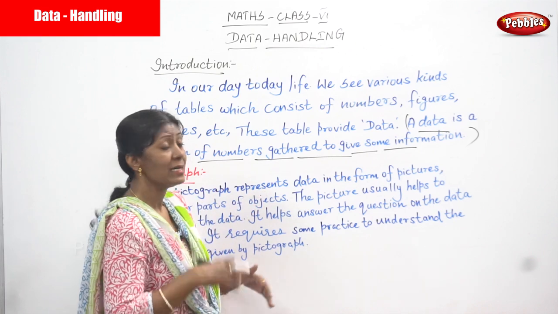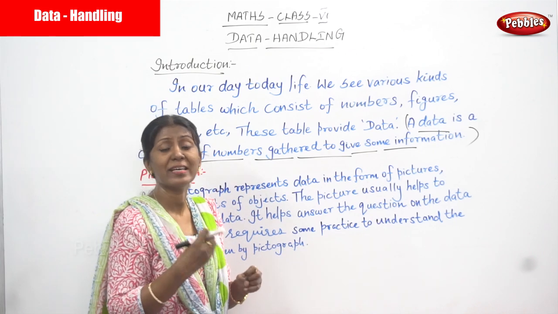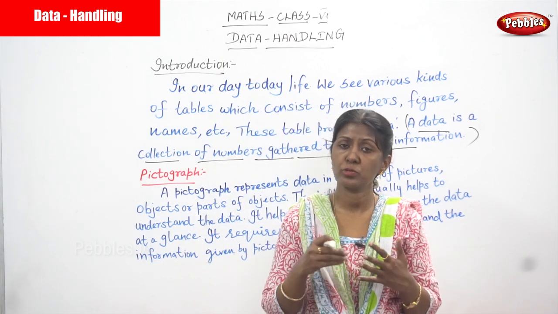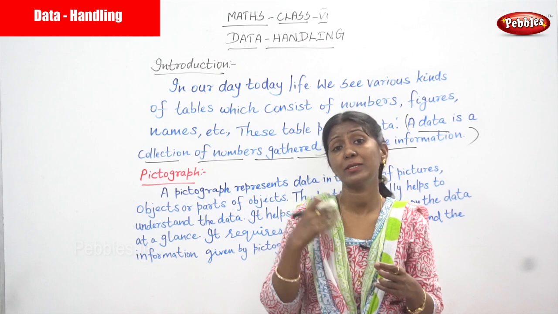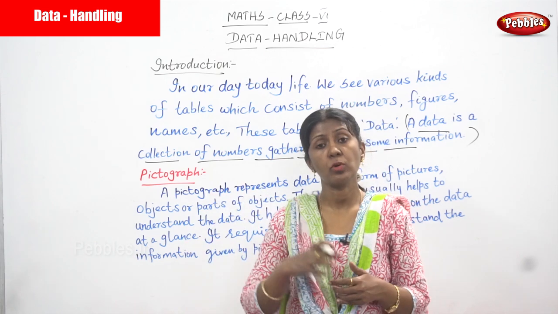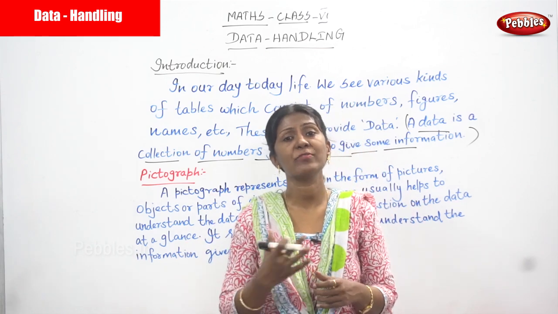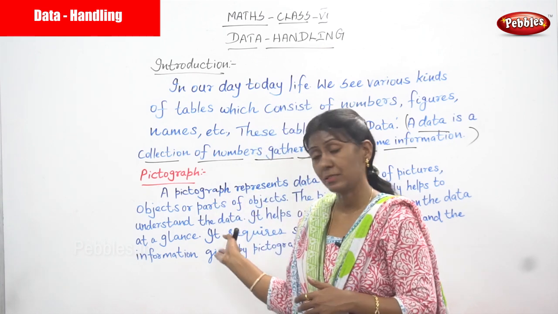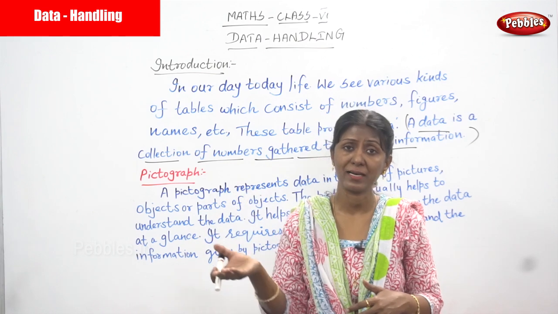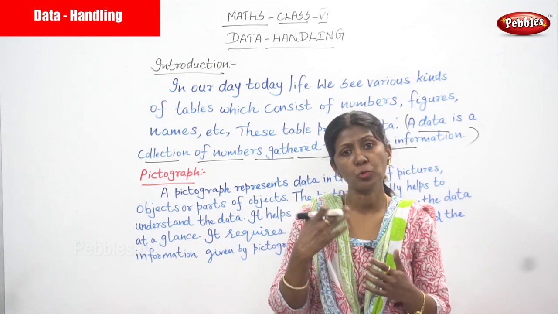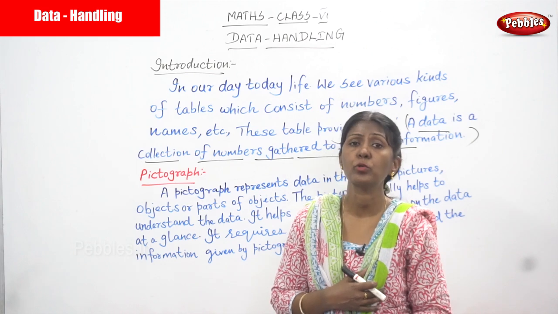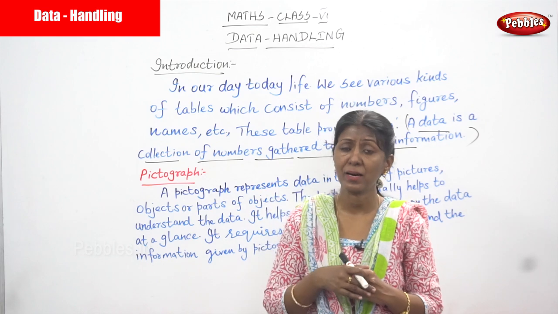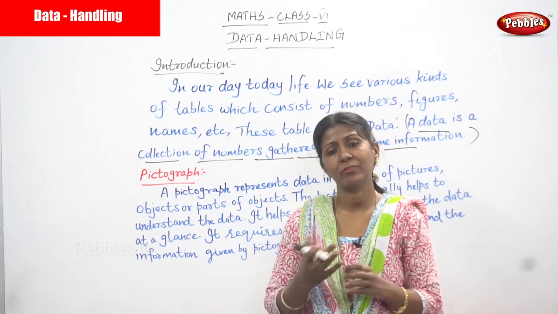In the data we enter, we especially use tally marks, bar graphs and pictographs. Different methodologies are used to represent the data, because if you use tally marks, pictographs or bar graphs, you can understand the information you gather very easily and quickly. That is the only reason we are using pictographs, tally marks, bar graphs and everything.